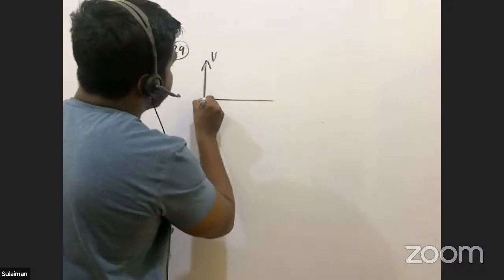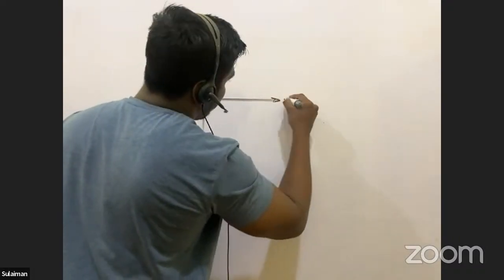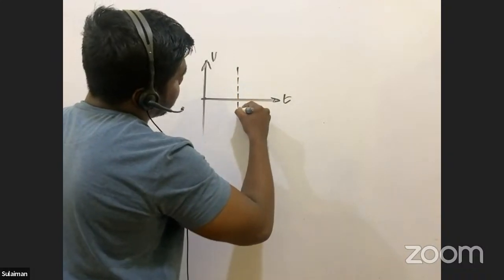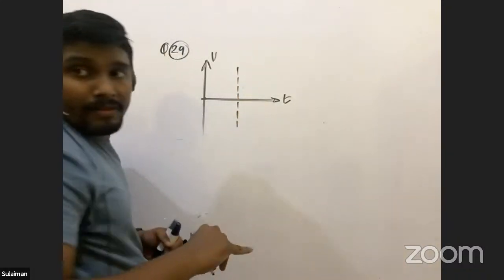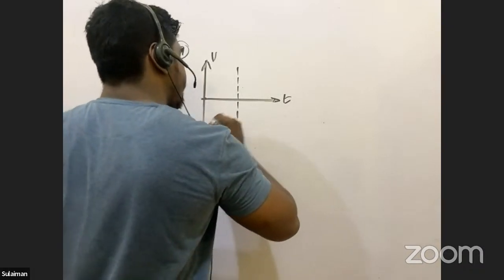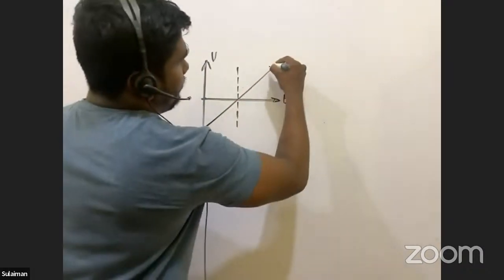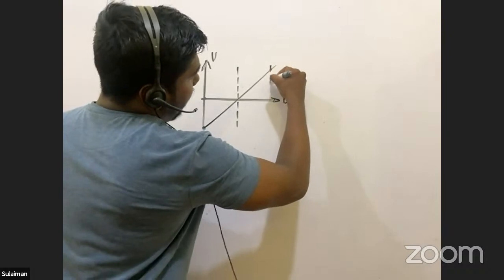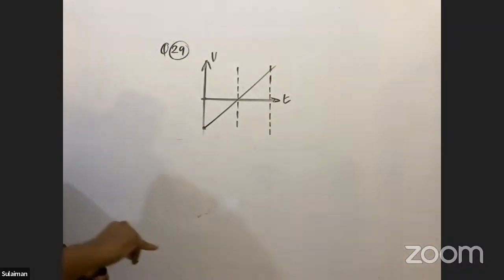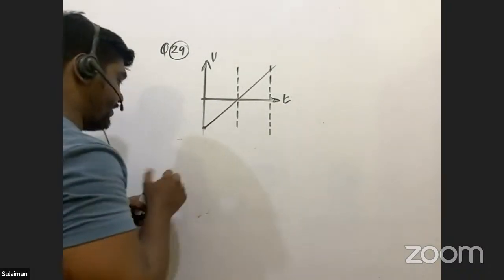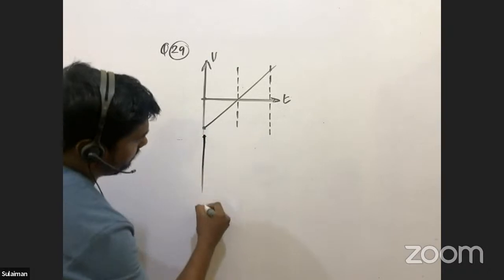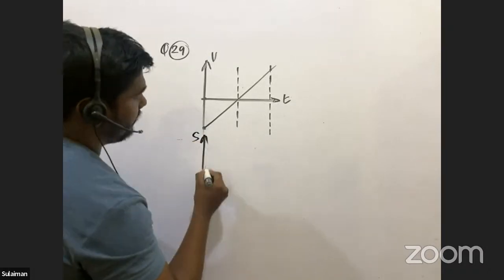Now, they are asking for the corresponding displacement-time graph. How do we draw the corresponding ST graph?